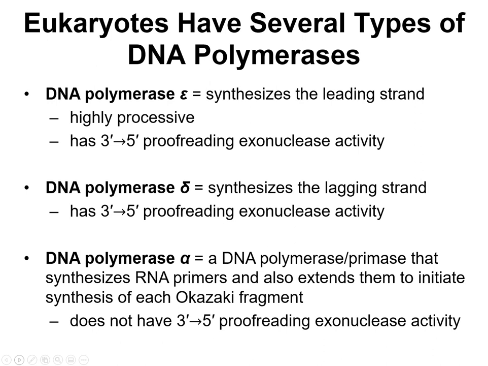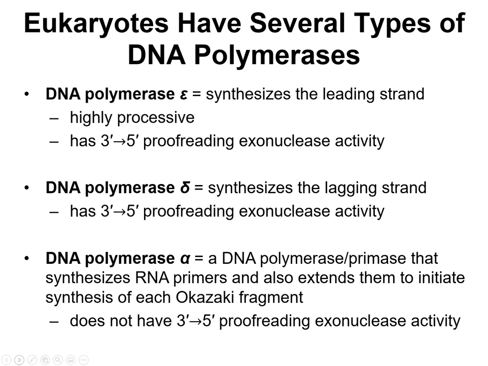So we've got a DNA polymerase that synthesizes the leading strand, very highly processive. It also has proofreading exonuclease activity in the 3' to 5' direction. We've got another polymerase that synthesizes the lagging strand. It also has the same kind of exonuclease activity that can proofread.